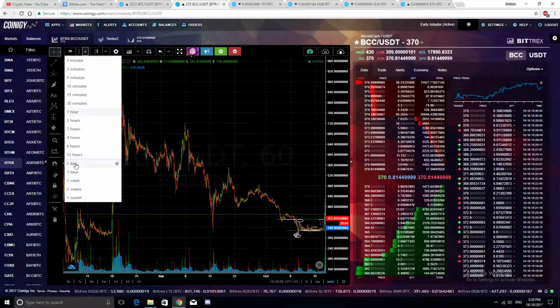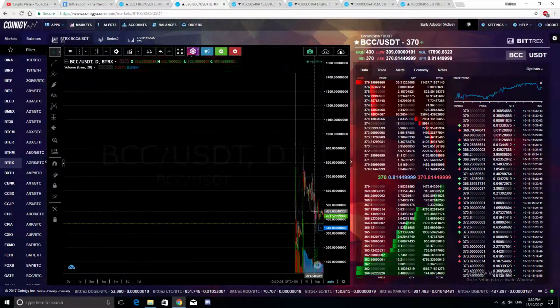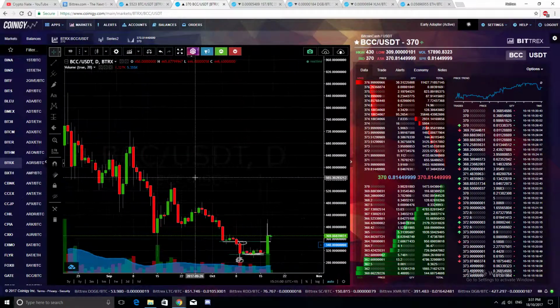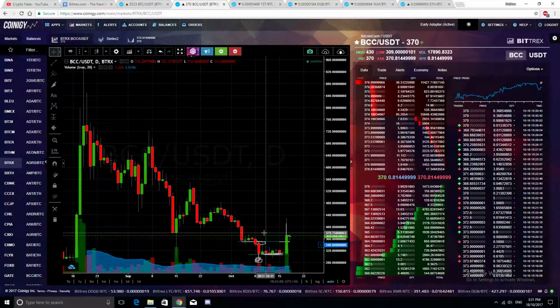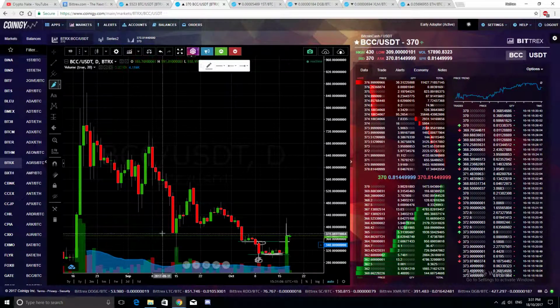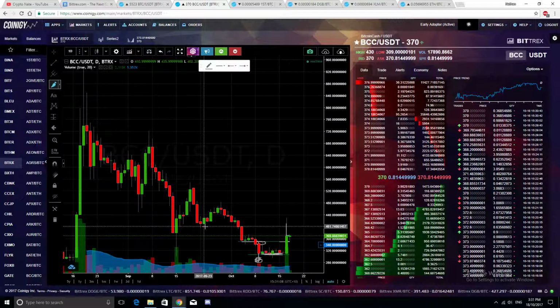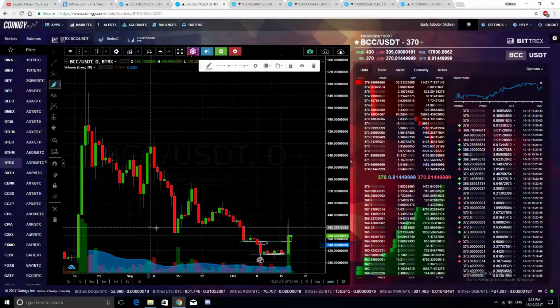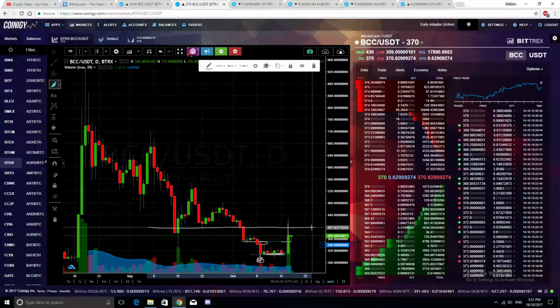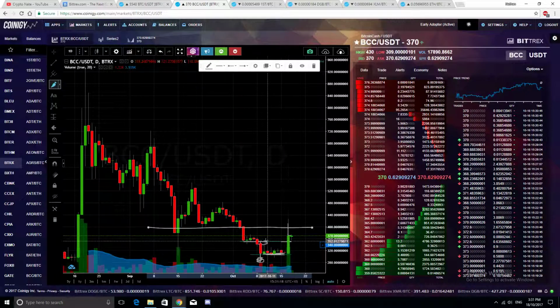You could even look at a daily chart if you're a super busy person and trade off of that. So you could look at this one day and go, yeah, we've got a support line right here, and then look, it's tested that resistance line right there with this big push up as well.